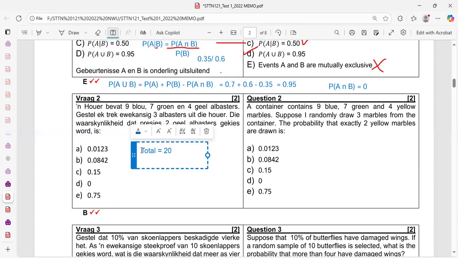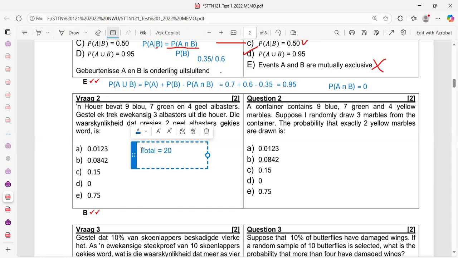The minute you see the question, it is based on the combinations. If, for example, we have 9 blue, 7 green, and 4 yellow, the question is the probability that exactly 2 yellow marbles are drawn.